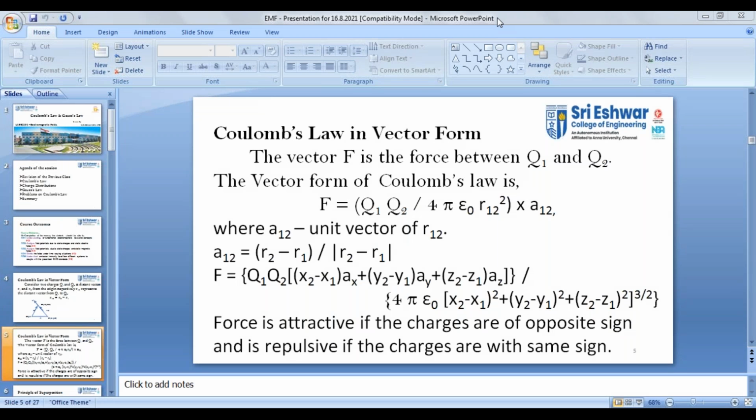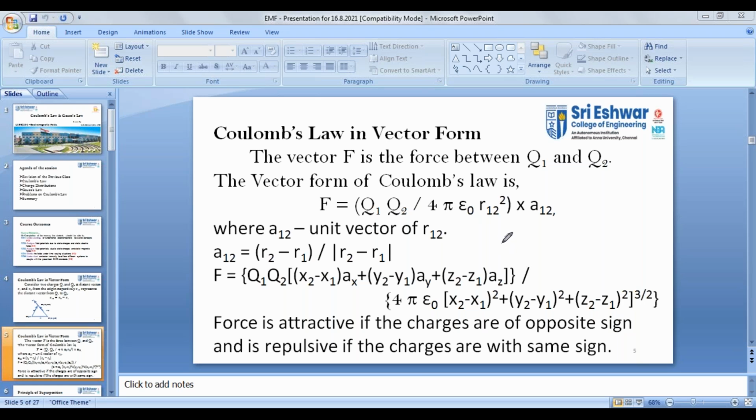Now what happens is, I am not going to have R square here. Instead I am going to have R12 square into A12.